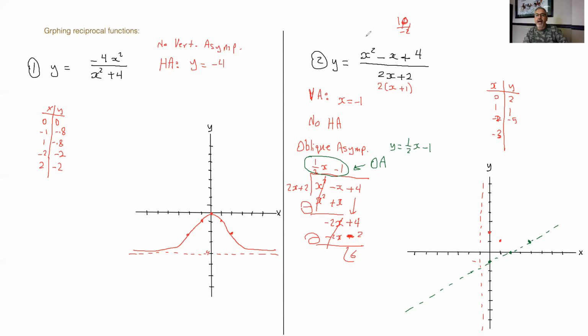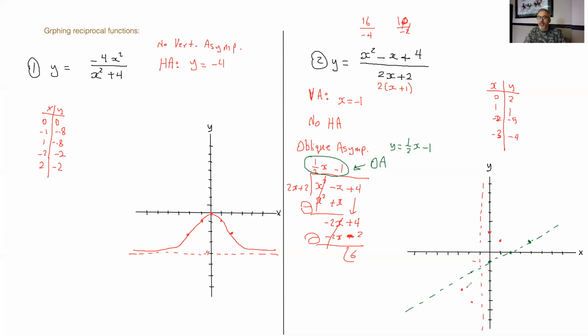I'm going to get 9 plus, because minus -3 is going to be a +3. 9 plus 3 is 12, plus 4 is 16. And if I put a -3 on the bottom, that's -6 plus 2 is -4. So 16 divided by -4 gives me -4. So I have a point at -2 and -5, and I have a point at -3 and -4.